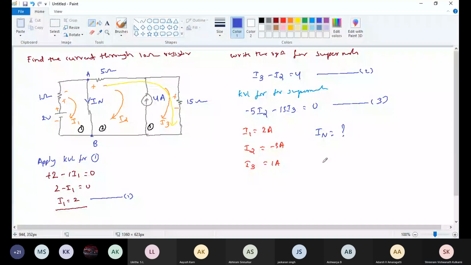IN is I1 minus I2. IN is nothing but I1 minus I2, why not I2 minus I1? Sir, I1 and IN are in the same direction.